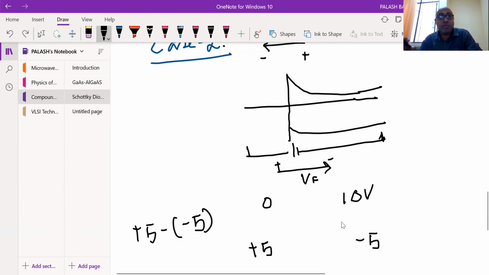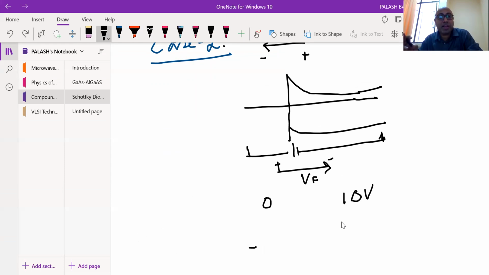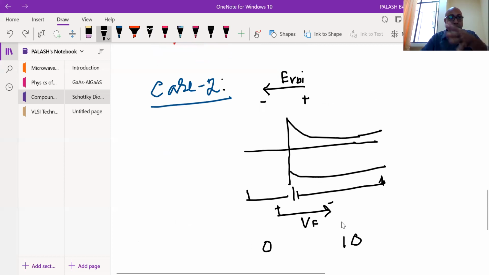So that is why, though you say that when you give forward bias, the negative terminal goes to the n-type semiconductor and the positive terminal to the p-type semiconductor, it is not really true. Actually, you are giving a relative potential.